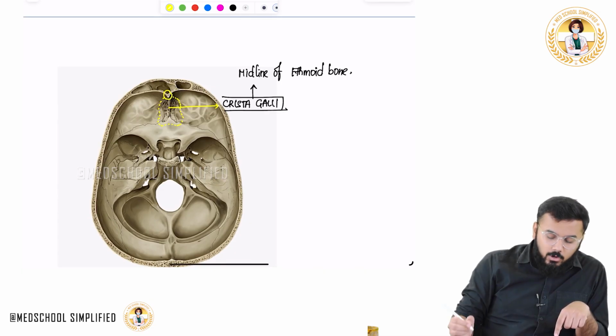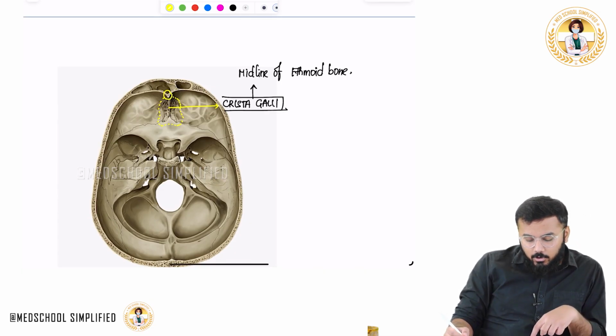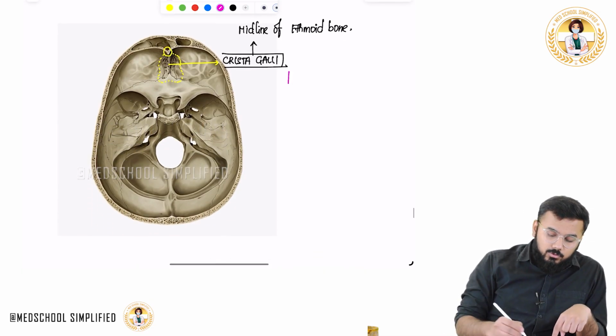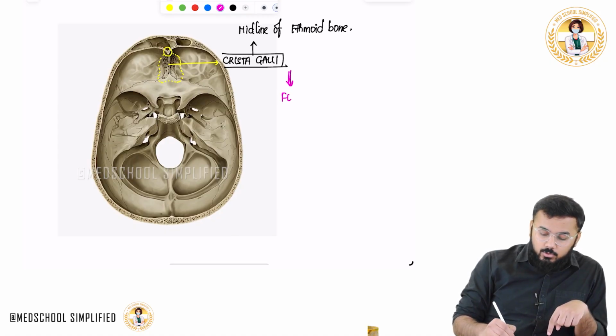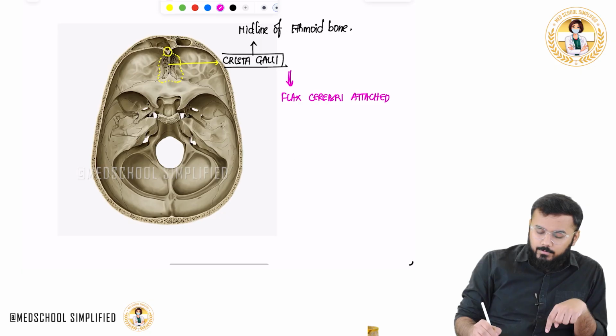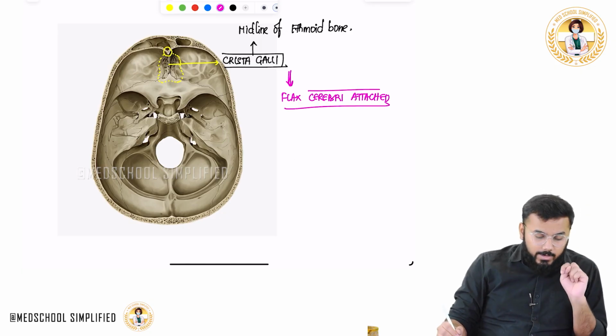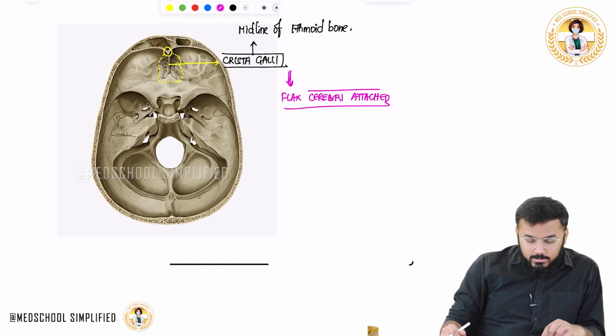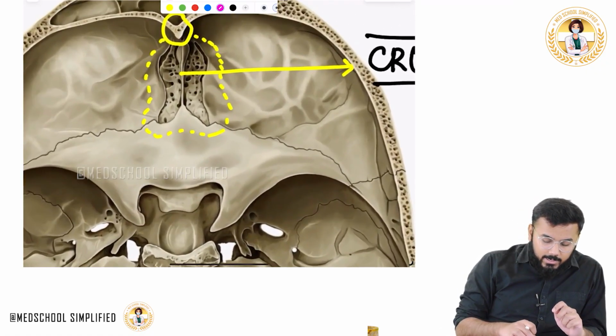See, this part is your frontal crest, and just beneath the frontal crest you have got Crista galli. So, to these two parts, your falx cerebri is attached. Falx cerebri is attached over here.